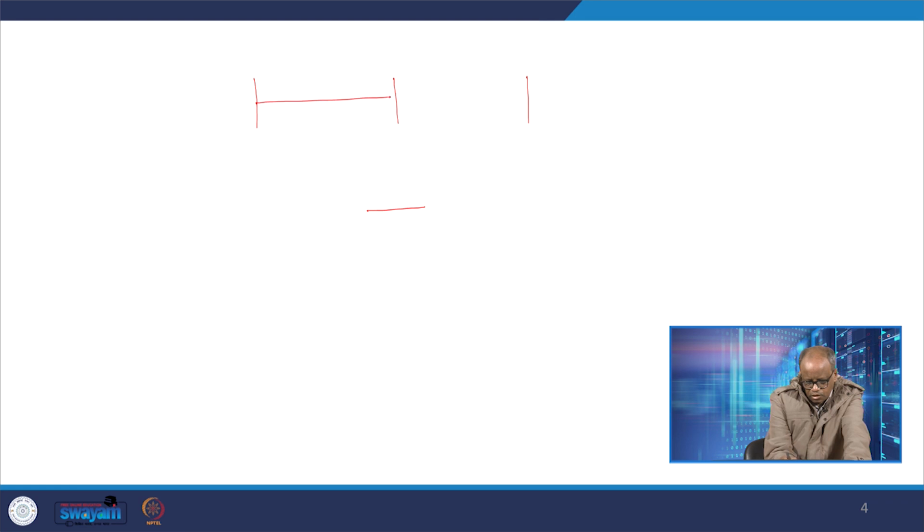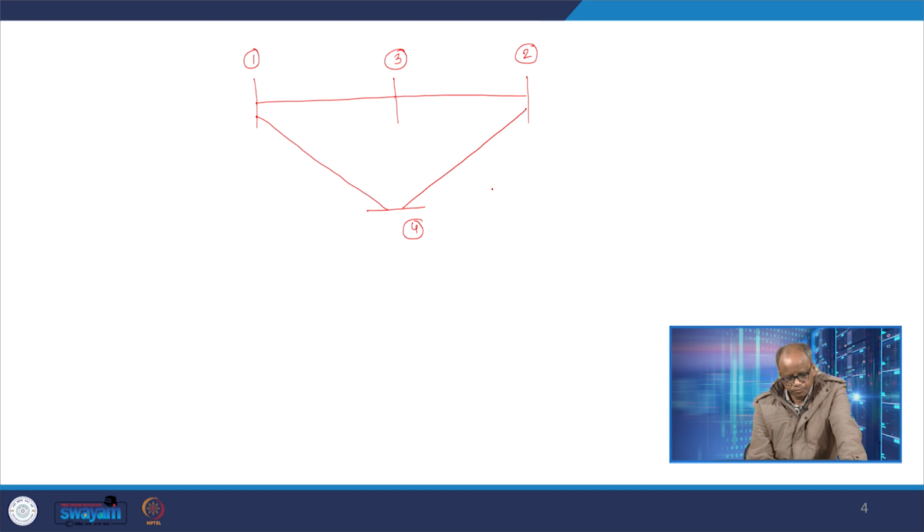So this is bus 1, bus 2, bus 3, bus 4. This is the initial condition. Now I have got an internal bus. So this is an internal bus, and in between there is an impedance.